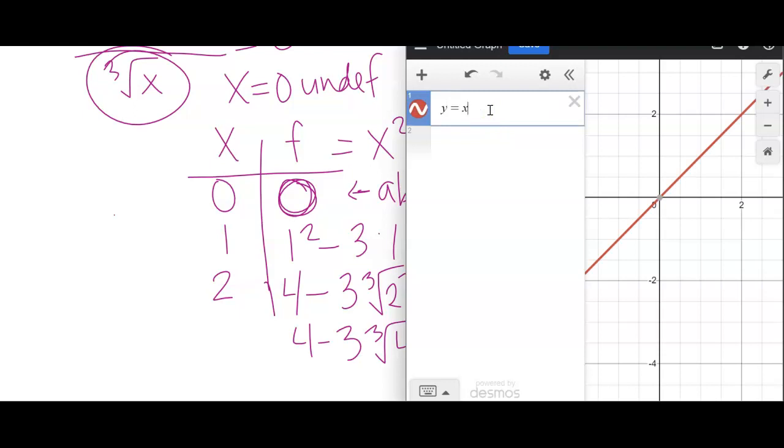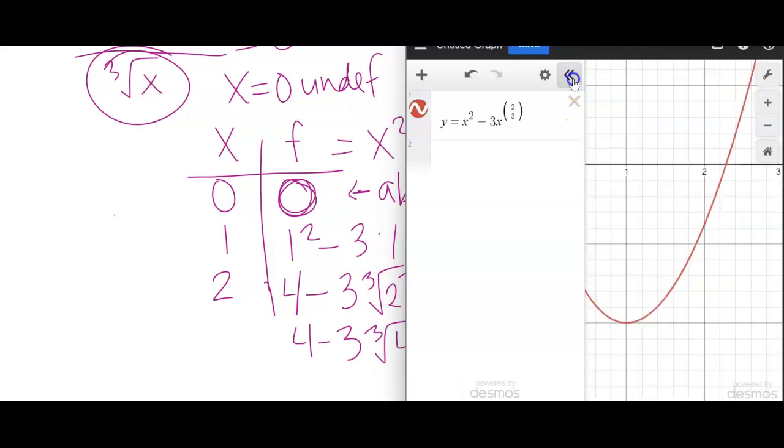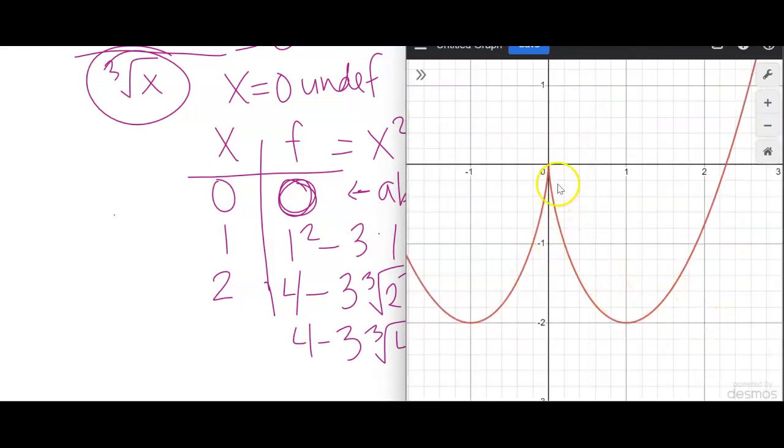All right, so y equals x squared minus 3x to the 2/3. And we can see here, I'm only looking from 0 to 2. I do have a continuous function from 0 to 2, so I can apply the extreme value theorem. And then where do those extreme values occur? You can see that I do have a cusp point, which is why at x equals 0, my derivative is going to be undefined.